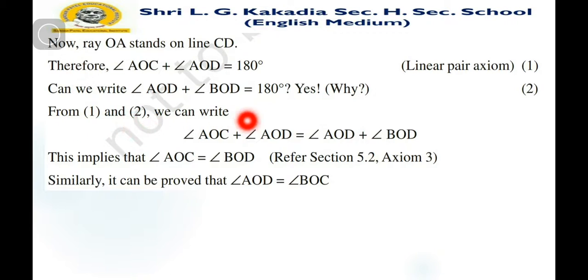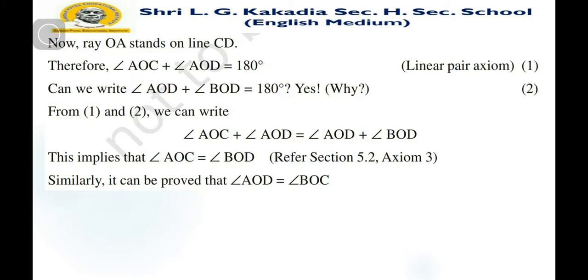From 1 and 2 we can write angle AOC plus angle AOD equals angle AOD plus angle BOD. On both sides AOD is cancelled, so the remaining part is angle AOC equals angle BOD. This is what we wanted to prove. Similarly it can be proved that angle AOD equals angle BOC. So this is an easy way to prove this theorem using the linear pair axiom.